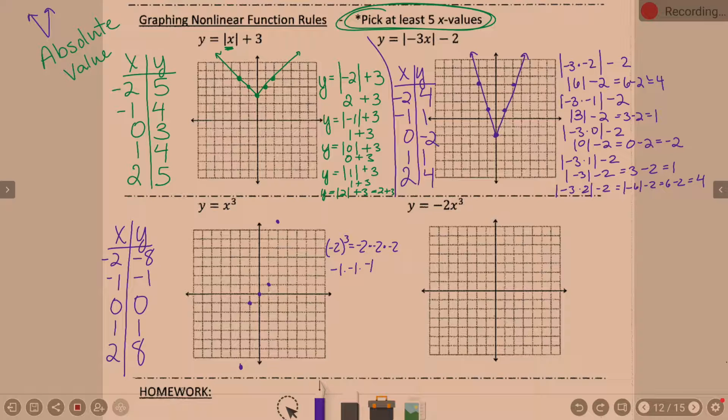Now, what shape is this? It's not a shape. It's a curve is what I would say. Oops, I kind of missed my center dot there.